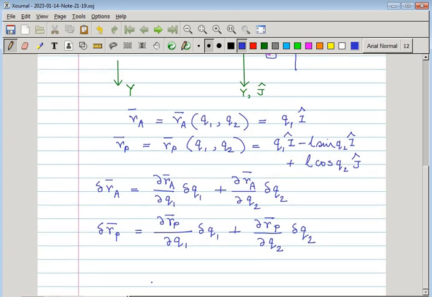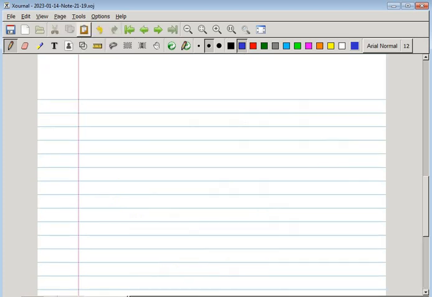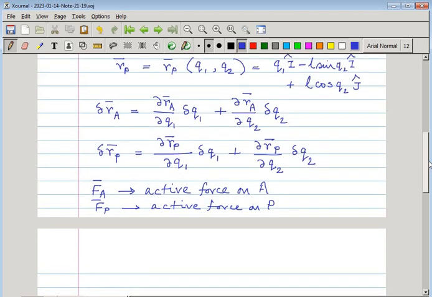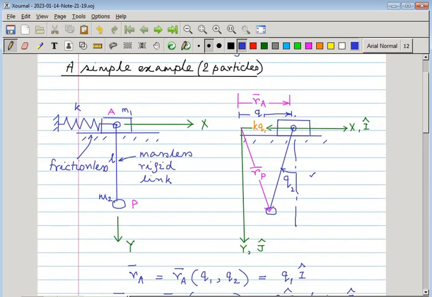Now suppose Fa is the active force acting on A and Fp is the active force on P. Active force means the force which does virtual work due to the virtual displacement given.